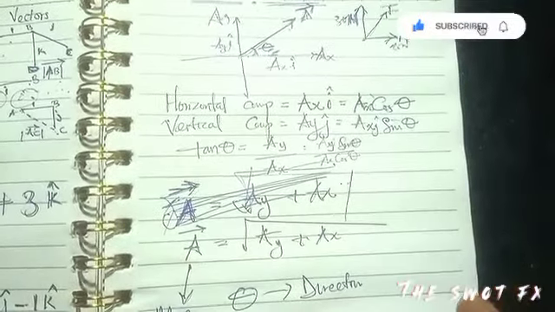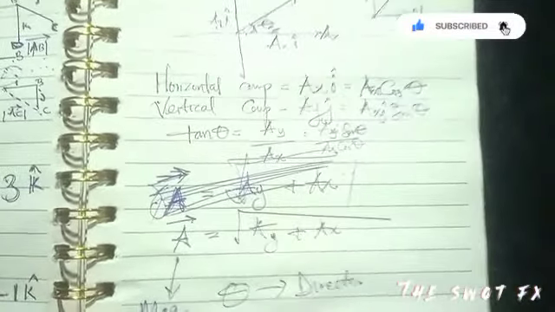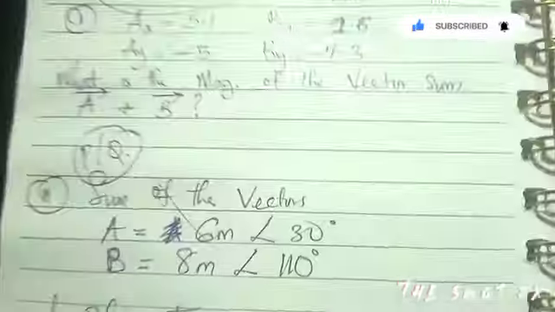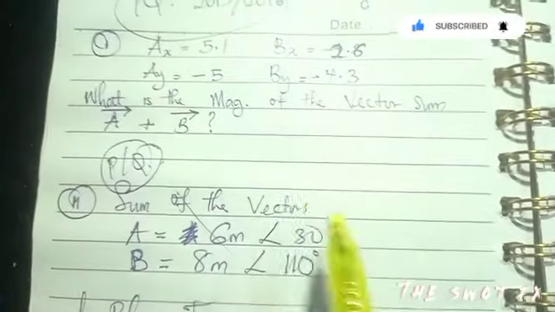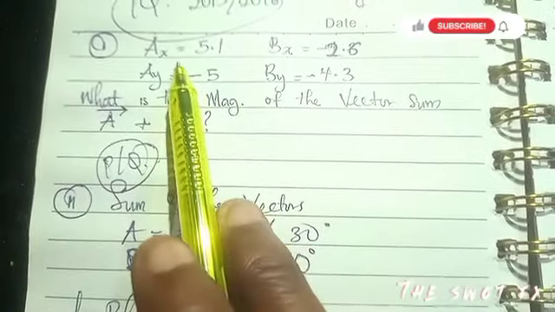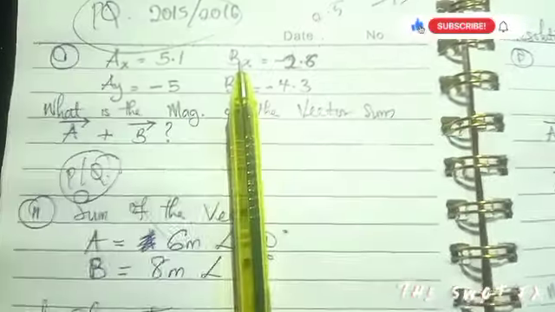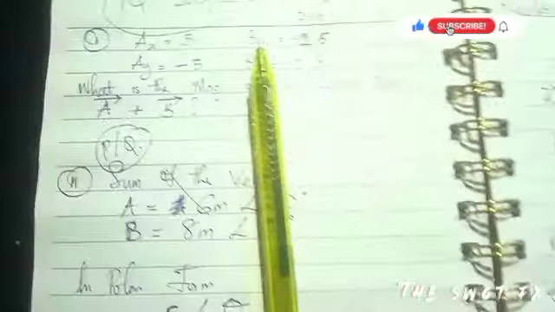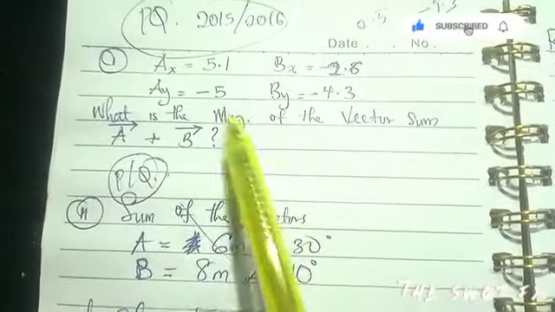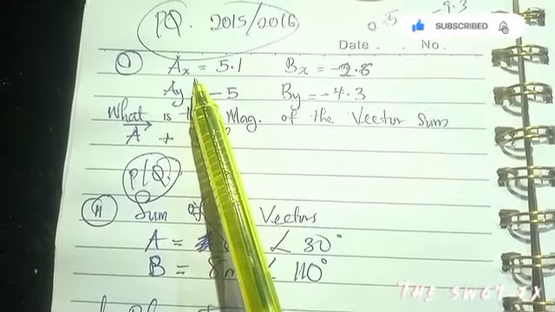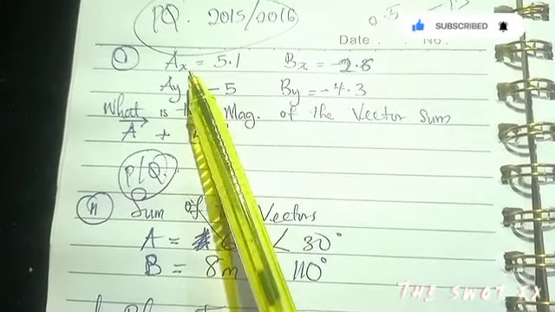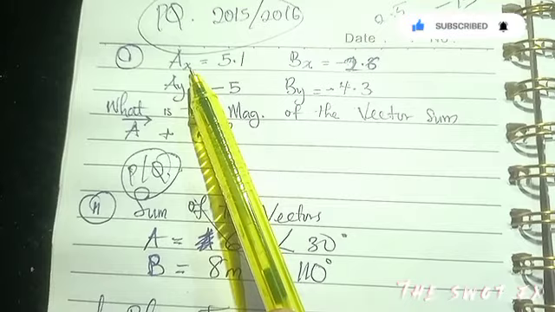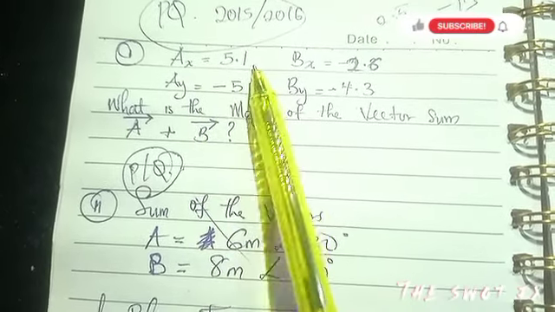Now we'll be looking at two to three questions. The first question is this. You're having a vector, with your question in this form. AX, the horizontal component of the first vector, is 5.1.